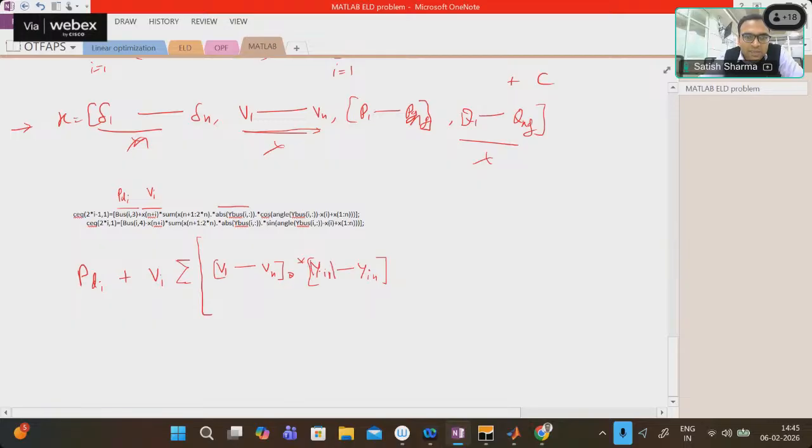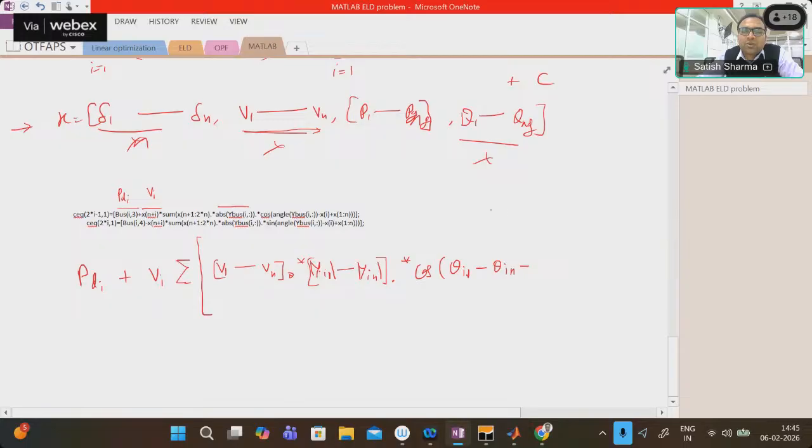So we are taking the absolute values of the Y bus, then dot multiplying with cosine of theta_ij, so theta_i1 to theta_in. These are the Y bus angles, then minus x_i plus x_i2 up to x_n.